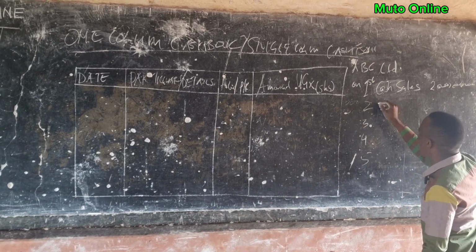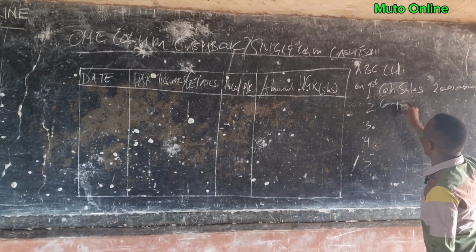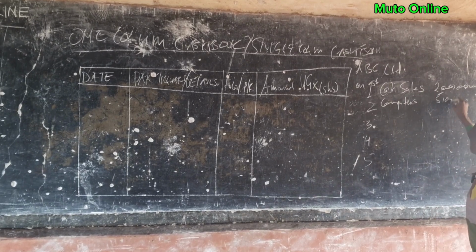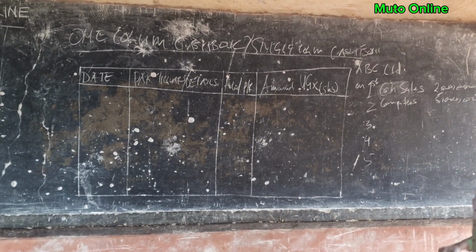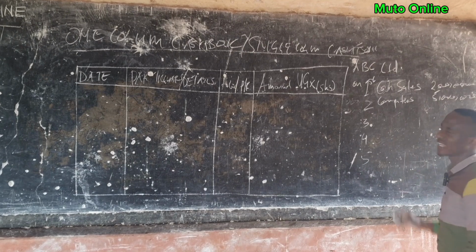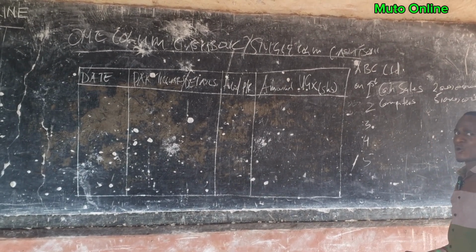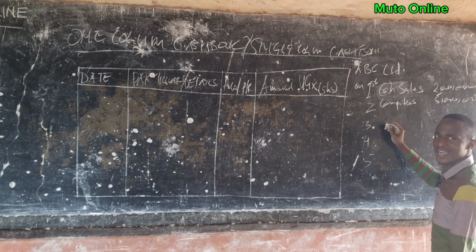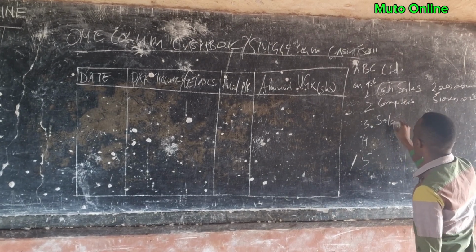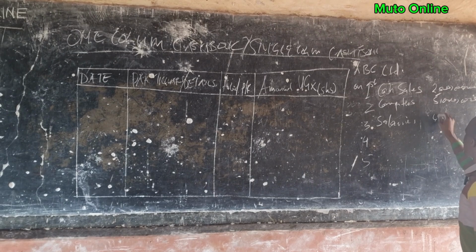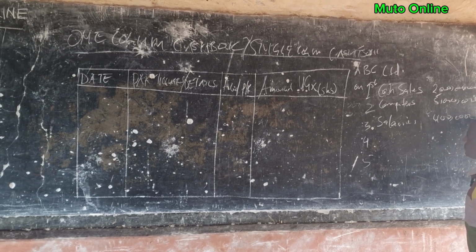Purchased computers worth 5 million. On the 3rd, this ABC Limited paid workers, or paid salaries, worth, let me say, 400,000.